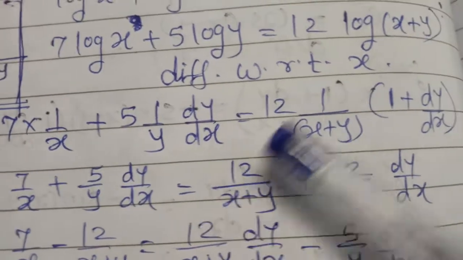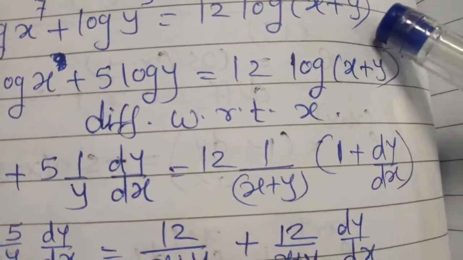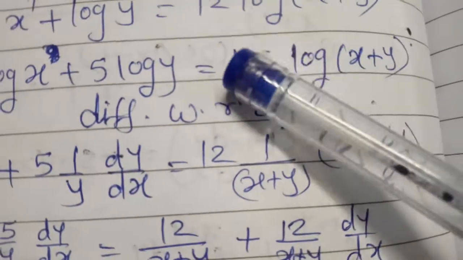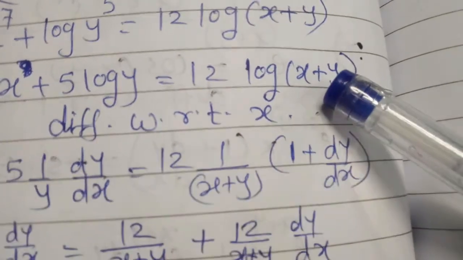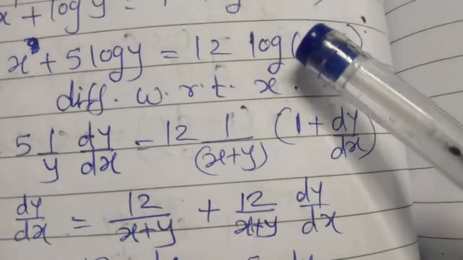that is dy by dx, plus, this total bracket x plus y we have considered as x. So for 12 log x, the derivative is 1 upon x. So we write 1 upon x plus y into the derivative of this bracket. So what is the derivative of x?